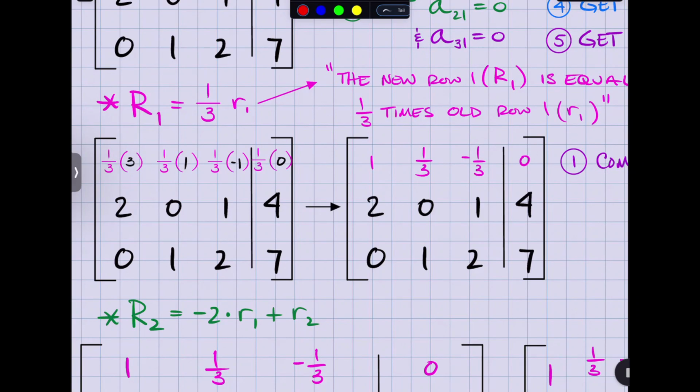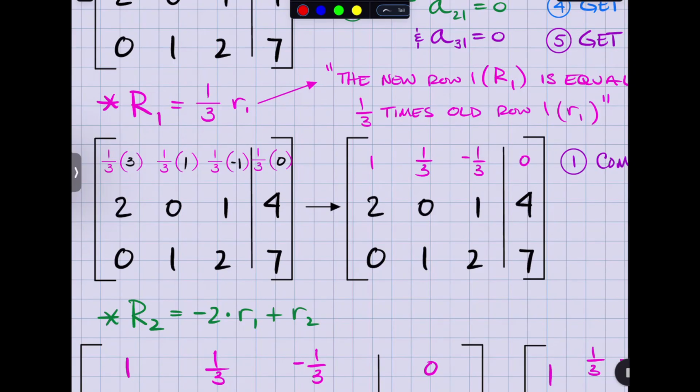Same exact idea. With 1, I can multiply by anything, right? But I got to make the 2 a 0. How do I make a 2 a 0 with a 1? Multiply by? If I multiply 1 by 0 and add it to 2, how does the 2 become 0?